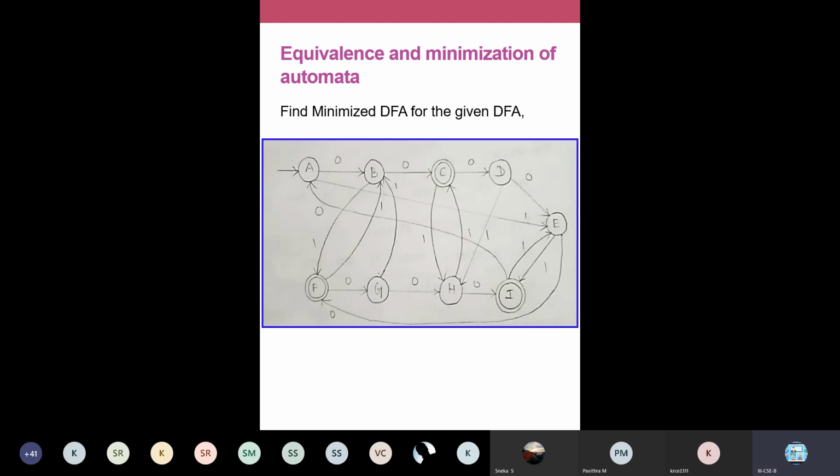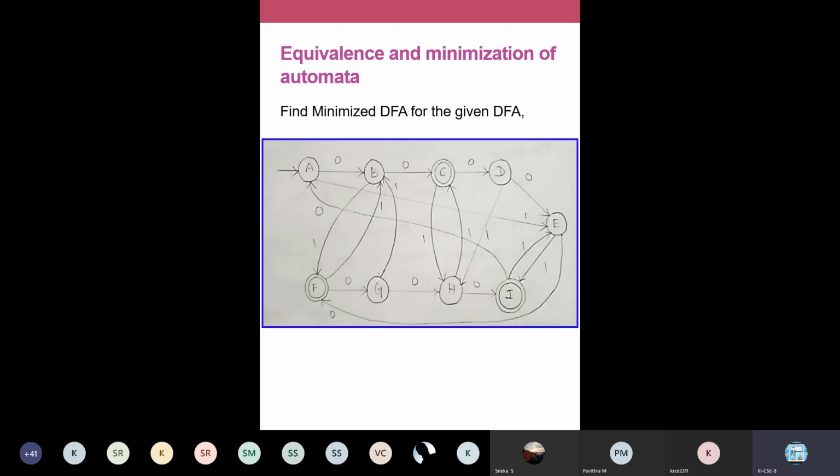So in C, on giving a 0, you get a non-accepting state. So check out for state F. In state F, on giving a 0, you go to non-accepting. So in both the cases, you're going to non-accepting state. But according to your definition, for all possible strings, the transitions must be similar. Okay. For example, I'll take the string 0, 0, 0, three zeros. You apply three zeros. C, 0, 0, 0.